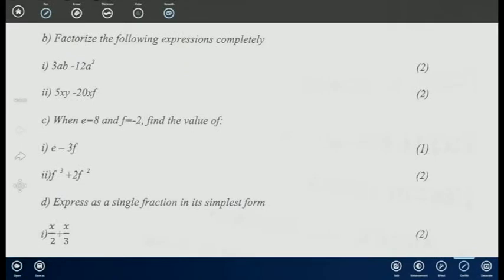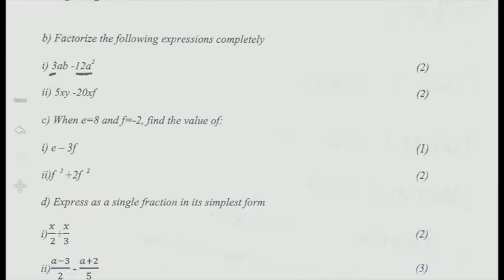Moving on to B. B says, factorize the following expressions completely. We are factorizing completely. We have 3ab minus 12a to the power 2. So when factorizing, we have to find the common factors of 3ab and 12a to the power 2.